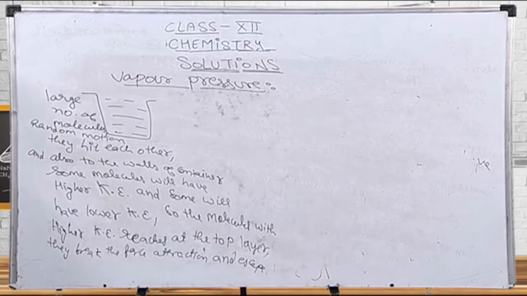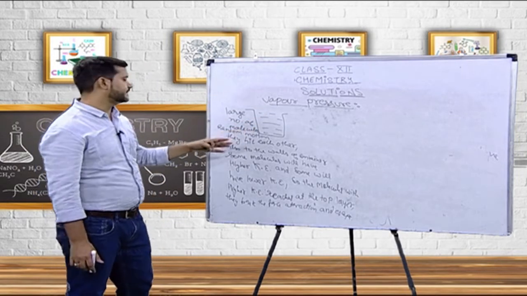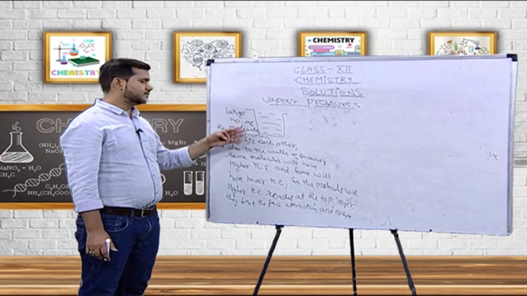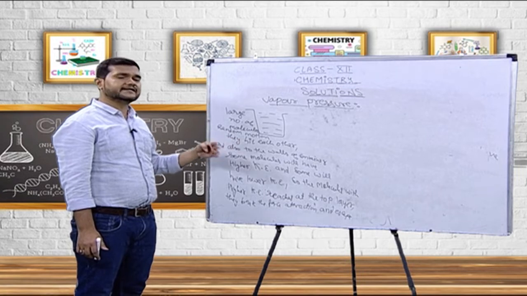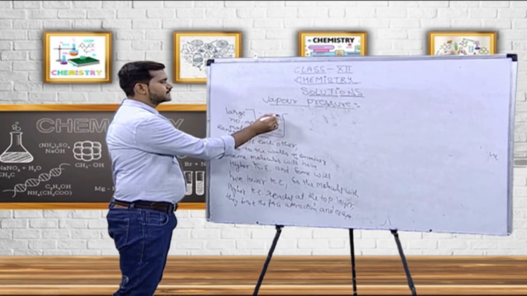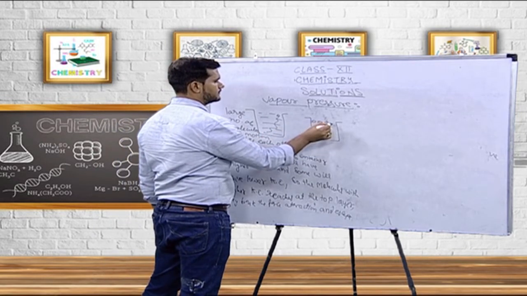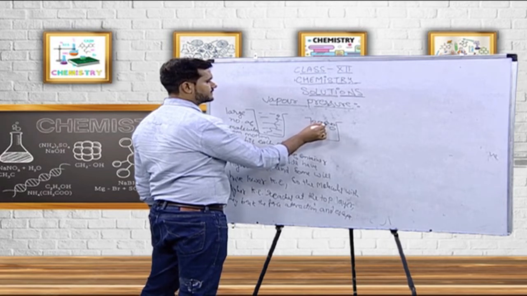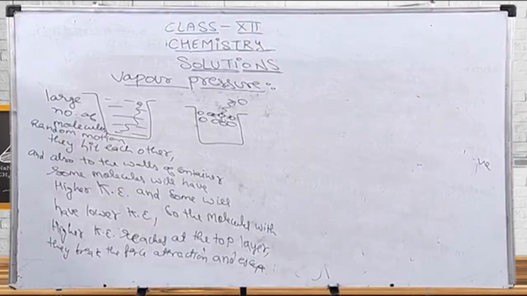This is how vapors form. Is that clear? The full story: a large number of molecules in a container are in random motion, they strike each other and the walls. Some get more kinetic energy, and those with higher kinetic energy, when they reach the top, break the force of attraction from the right, left and below, and escape out as vapor from the solution. So, this is how vapors form.